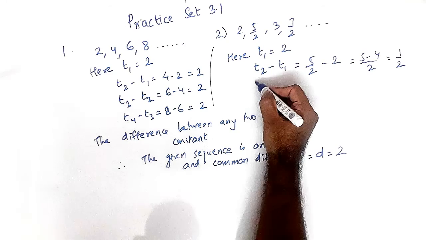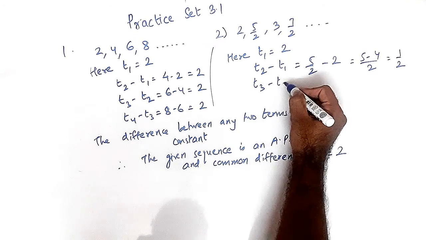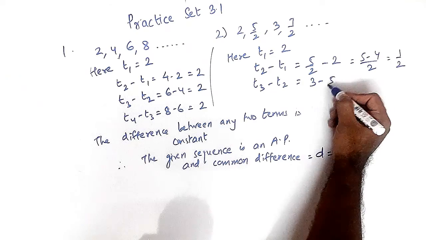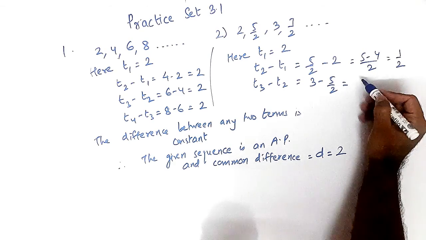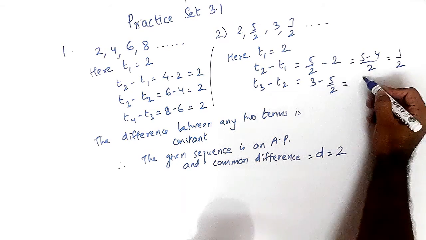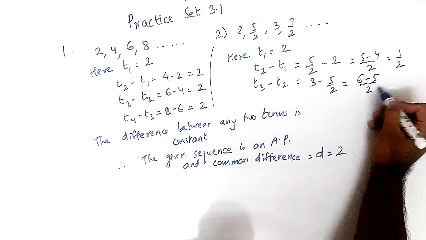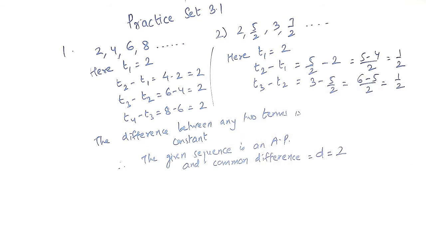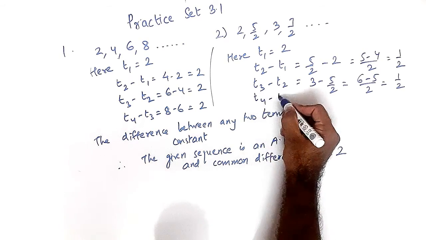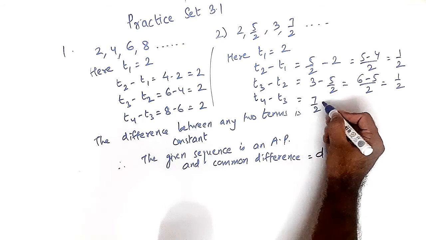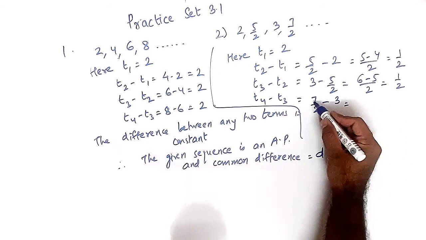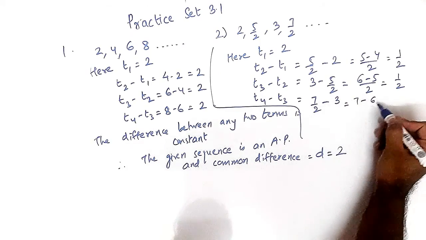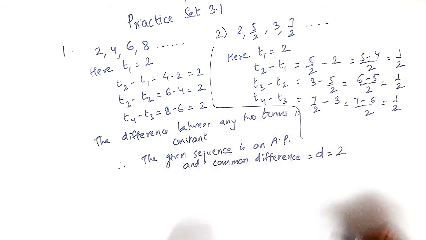Then T3 minus T2 is 3 minus 5 upon 2. Cross multiply, 2 3s are 6 minus 5 upon 2, so this is also half. And T4 minus T3 is 7 upon 2 minus 3, this is 7 minus 2 3s are 6 upon 2 equals half.